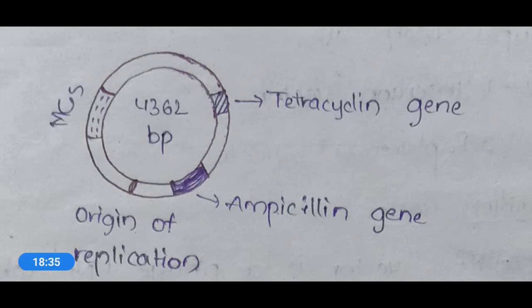That means on ampicillin 3 restriction endonucleases will act, and on tetracycline there will be action of 6 restriction enzymes. So this is about these selectable genes.